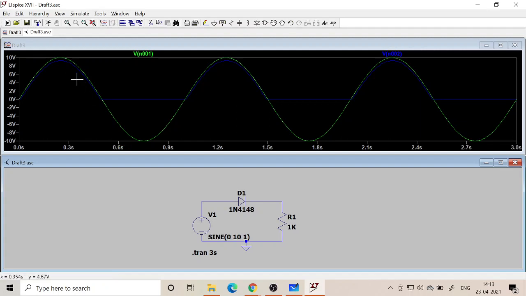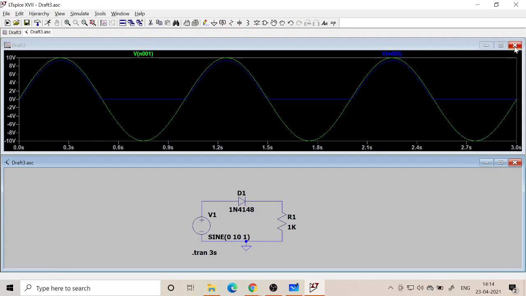So you have to subtract the cut-in voltage, 10 minus whatever is the cut-in voltage of this. If the amplitude of the input voltage is very large, the difference will be negligible. If it is less, the difference will be more pronounced.